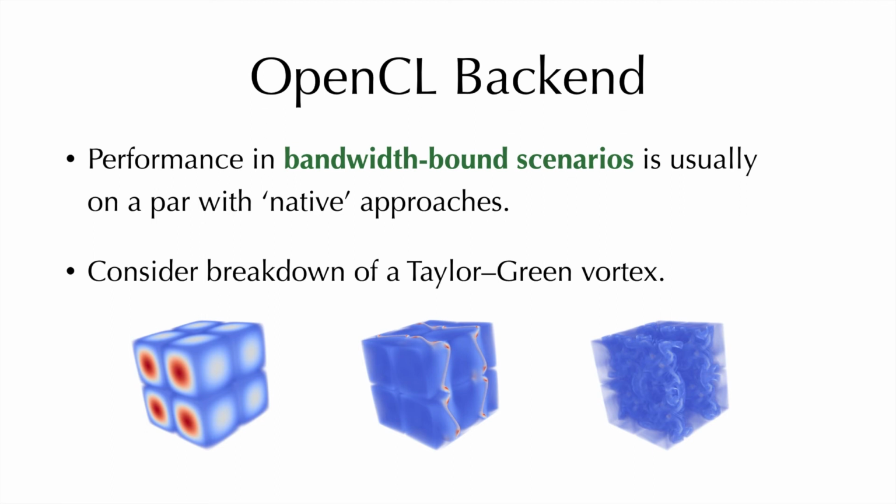As an example of this, we can consider the breakdown of a Taylor-Green vortex, which is a very classic benchmark problem for turbulent CFD codes. You effectively start with a relatively simple analytic condition in a box with some large-scale structures, and over time, these structures break down into smaller and smaller structures until viscosity comes along and takes care of them.